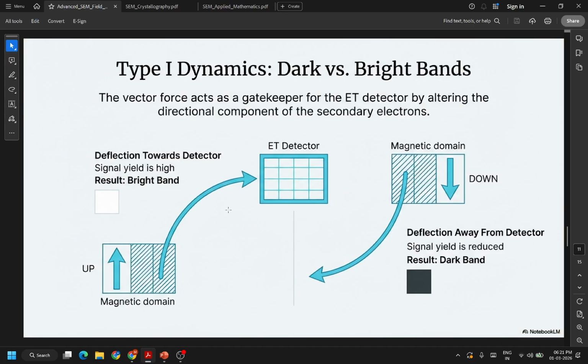They can be deflected either towards your ET detector or away from your ET detector, depending on your magnetic field direction. If they're deflected towards the detector, the detector will show a bright spot. If they are deflected away, you will have a dark spot, and this contrast can tell you the direction of the magnetic domains.